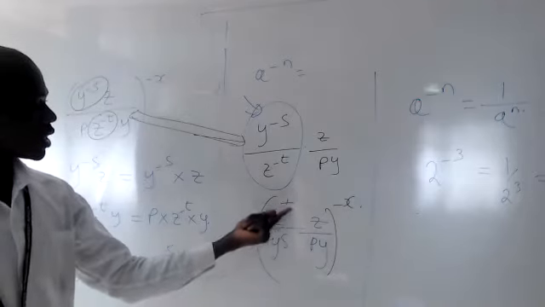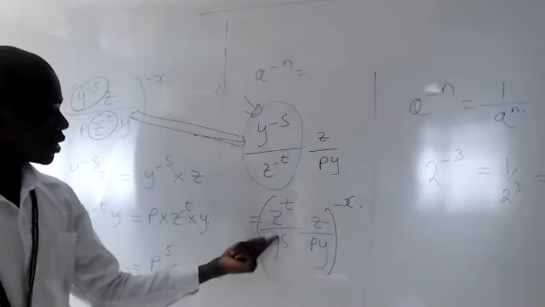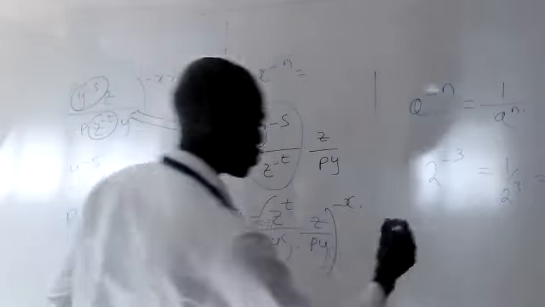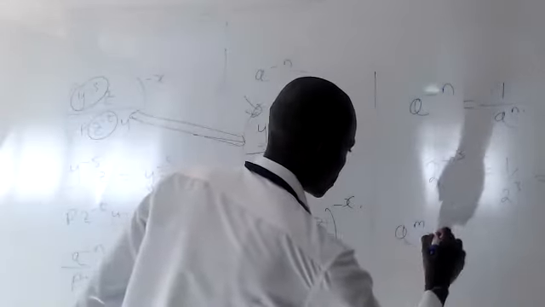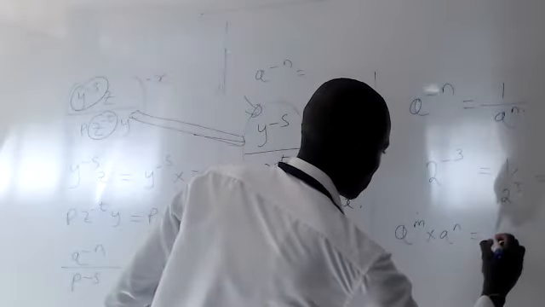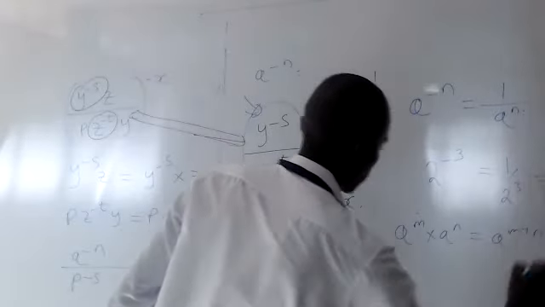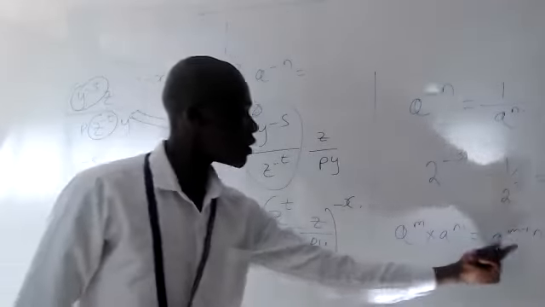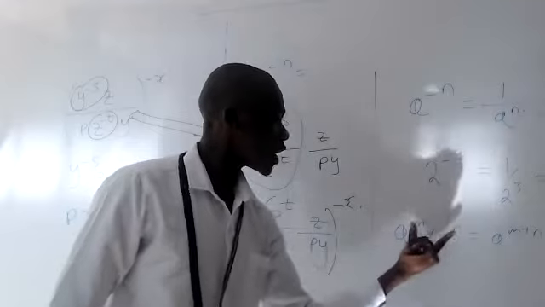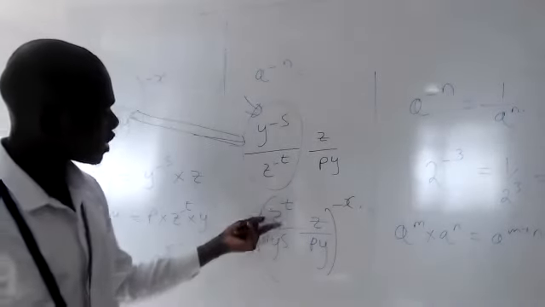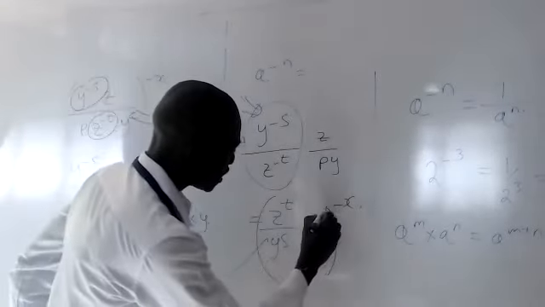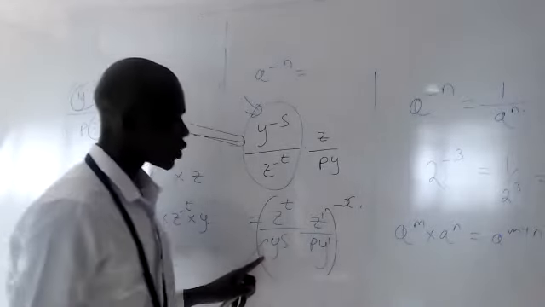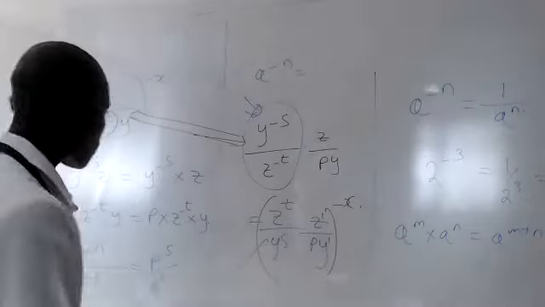So in this case, first of all, there's a rule you can apply. This is z to the t times z. There's a y to the s times p, and then times y. You can also add this. So you have this rule that a to the m times a to the n, add the exponents. If you're multiplying two exponents with the same base, just add the exponents and raise the base to the sum of the exponents. So in this case, you have z raised to t. Z itself is the same as z raised to 1. This is y to s, y itself is the same as y raised to 1.